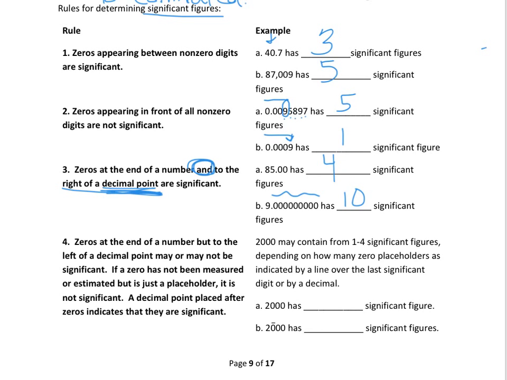Now lastly, if you're dealing with zeros following numbers and to the left of a decimal point, if there's no decimal point that exists, just an implied decimal point, then in this example here, this could have anywhere from 1 to 4, depending on how many are placeholders, as indicated by a line over the last significant digit, or by the decimal.